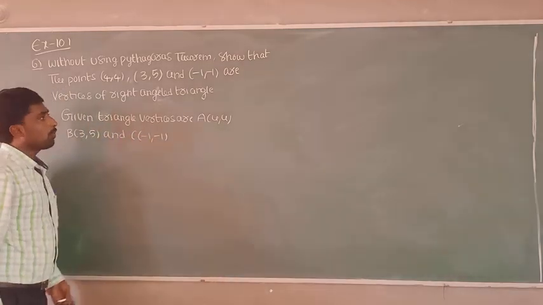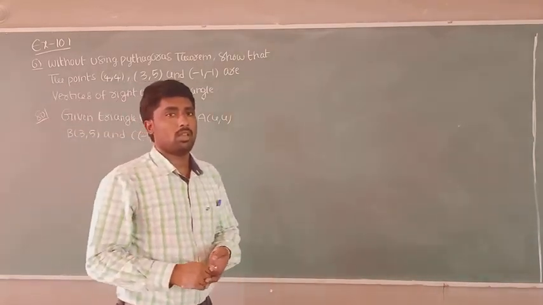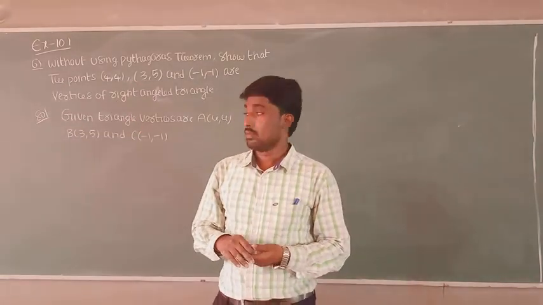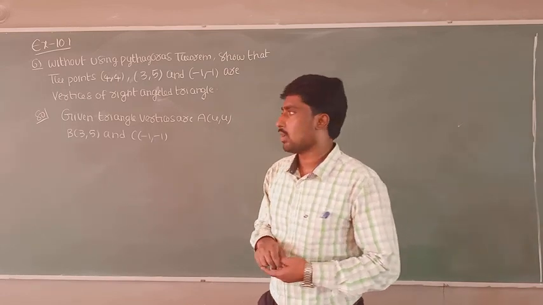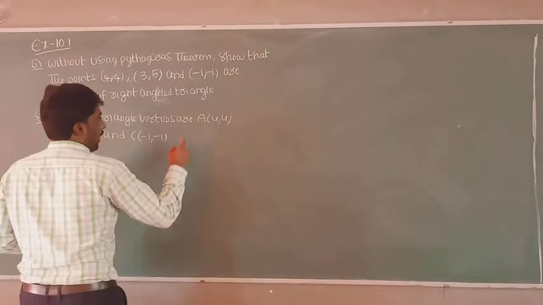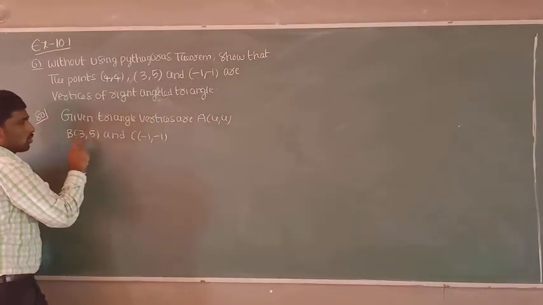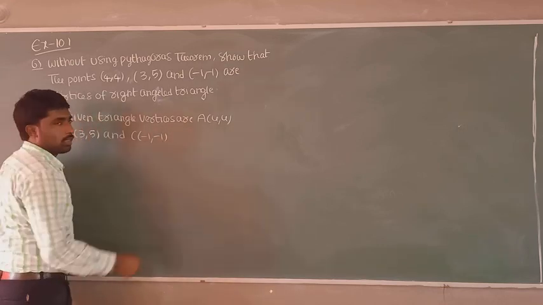What is the formula for the slope of a line passing through 2 points? y2 minus y1 by x2 minus x1. So by using that concept, I can find the slope of AB, slope of BC, slope of CA.